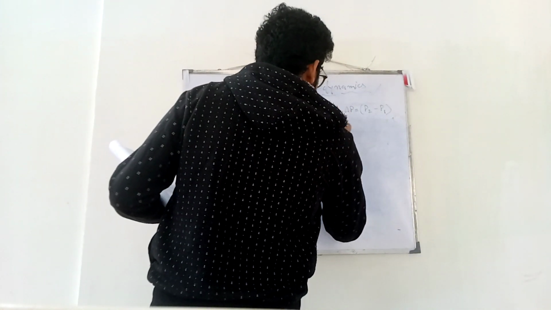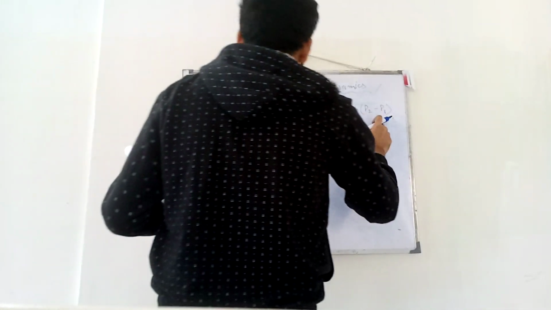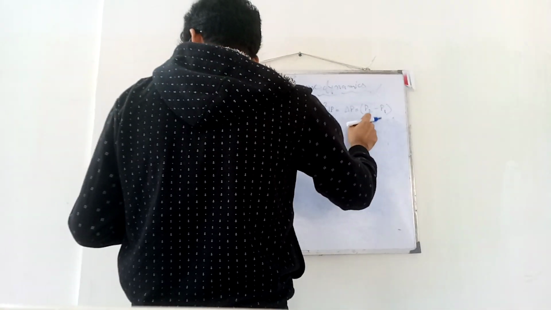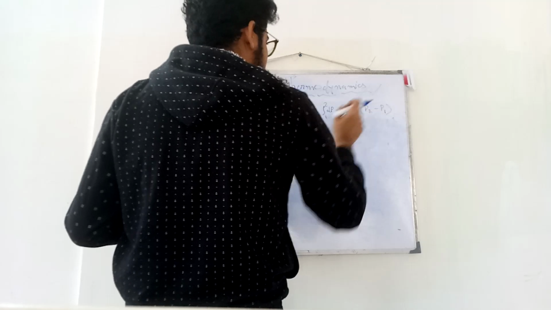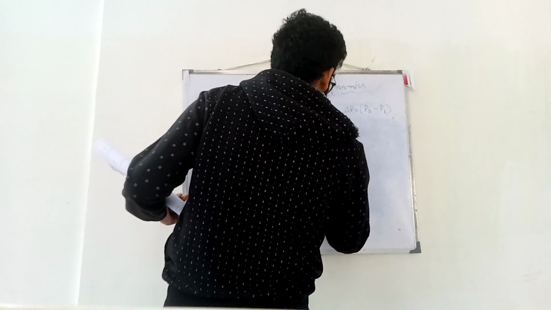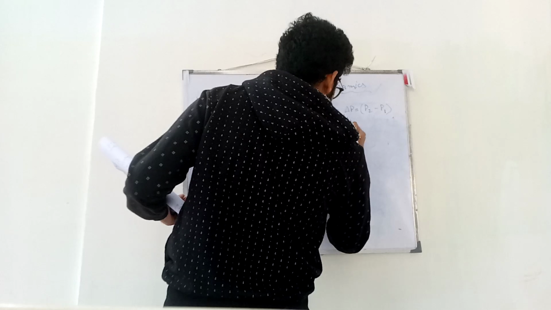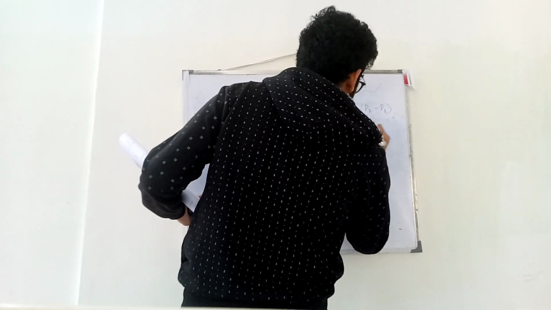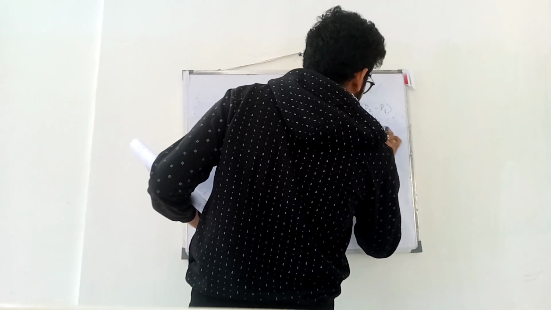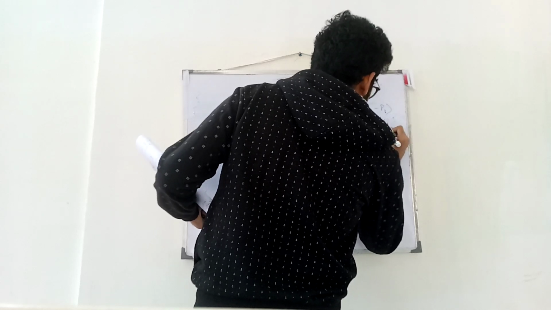Suppose I am taking this for pressure. If it is for temperature, then dt is equal to delta t is equal to t2 minus t1.